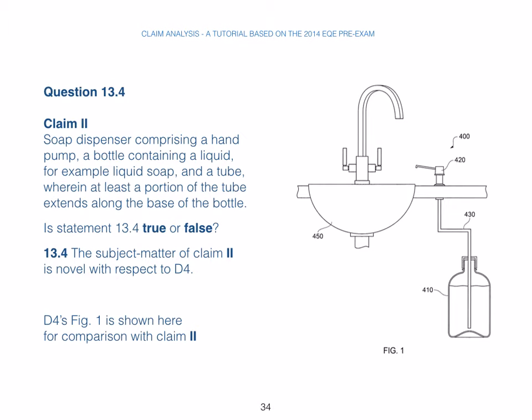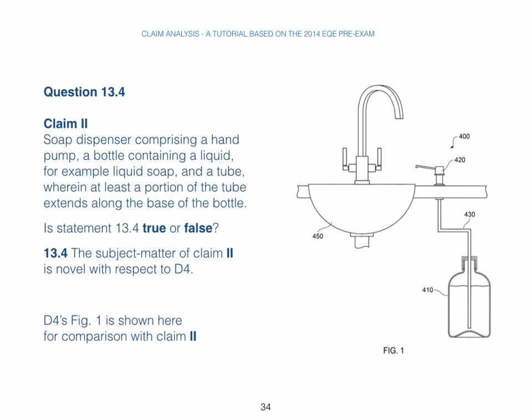It does comprise a hand pump 420, and it does comprise a bottle 410 containing a liquid, namely liquid soap, and it does comprise a tube 430, and an end portion of the tube extends towards the base, and the tube has a horizontal portion which extends above and along the base.